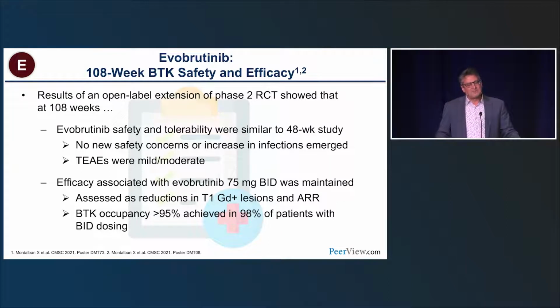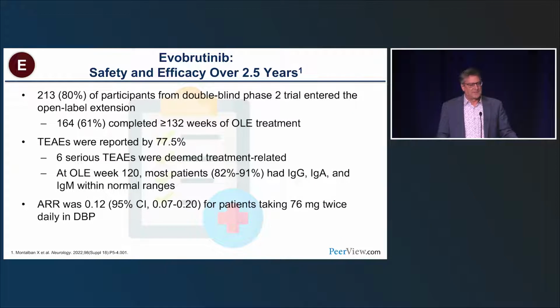And again, seeing some good suppression. There's no tachyphylaxis where the drug is wearing off with time, and I've never really seen that in MS therapies. So over 2.5 years, 80% of patients are still in this open label extension with 61% completing, and again, low rates of serious events.